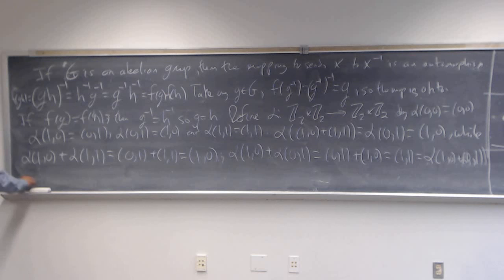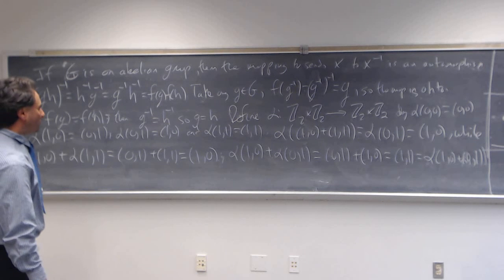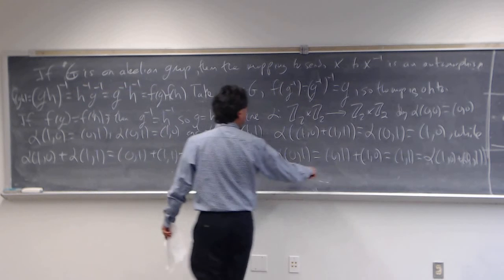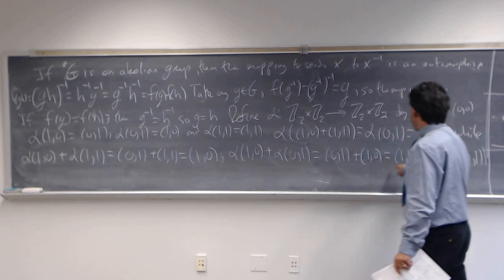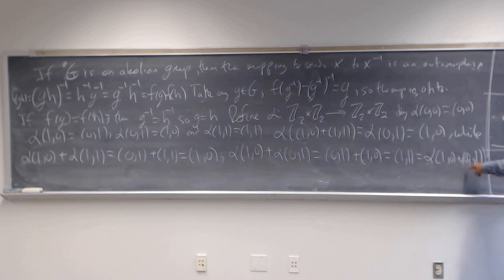Again, I'm trying to look at the pairs. I think this one very well may be an automorphism. Did I check (1,1) plus (0,1)? I just did here. That's (0,1) plus (1,0) is (1,1), and if I add them together, it's (1,1). So that would be an automorphism, or at least we cannot disprove it.